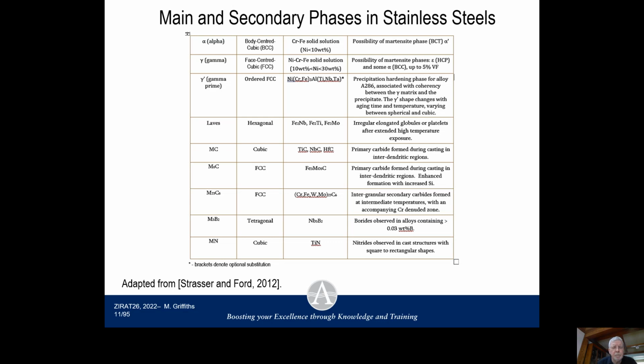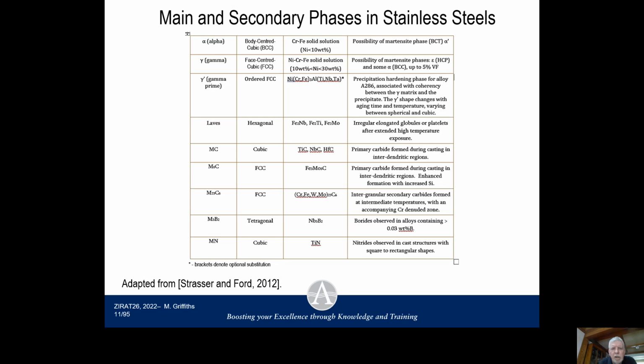Apart from the phase differences one might see, there are a number of precipitates that one might come across in steels. So I've highlighted them here, different phases. The gamma prime is something specific to the high nickel content steels such as A286, and the gamma prime is an ordered phase, Ni3Al based, and it's very important for precipitation hardening.